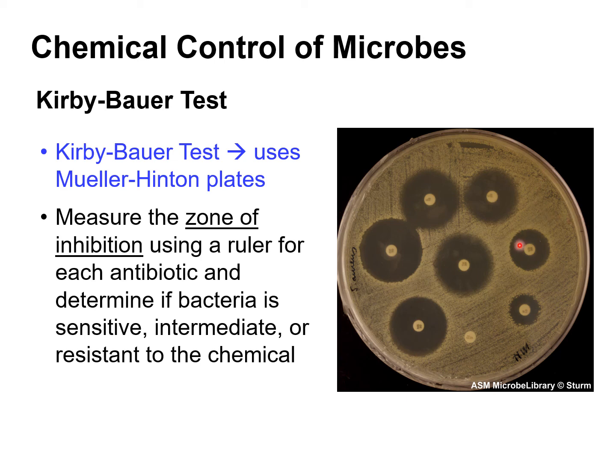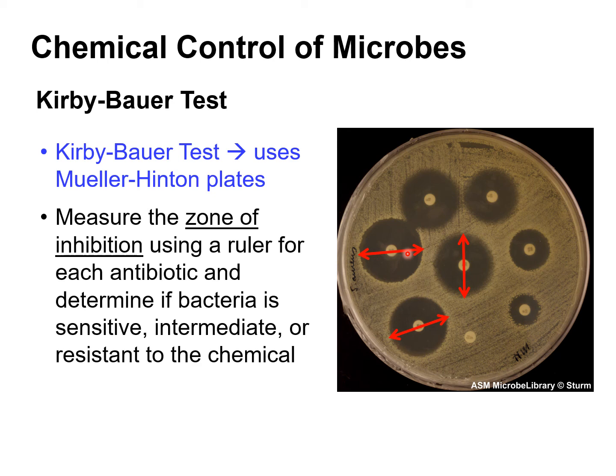Now, after you take it out of the incubator, you start measuring the zone of inhibition using a ruler. So you would measure the whole entire diameter. And as I said, first of all, measure it in terms of millimeters.